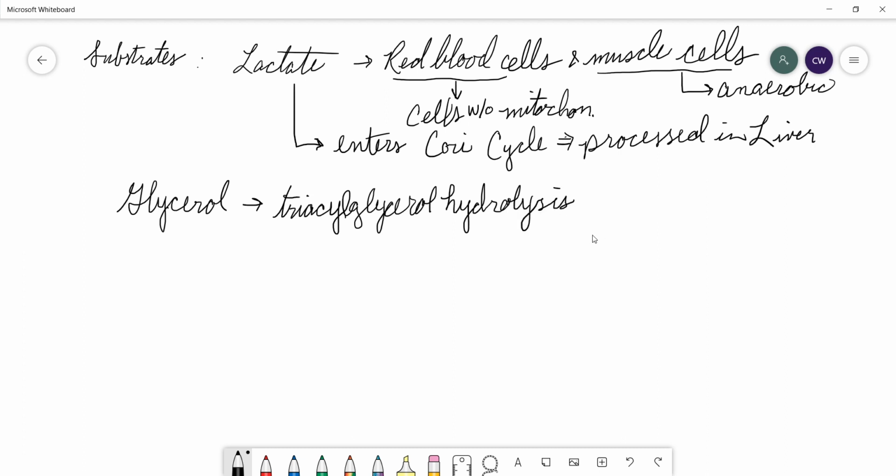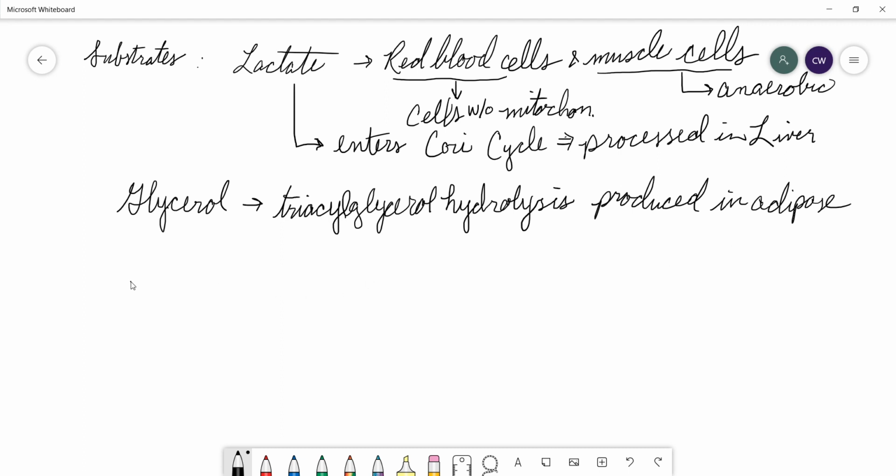When you get your blood taken and your triglycerides measured, that's what they are measuring, your triacylglycerol concentration, because these are produced in the fat tissue, in the adipose tissues.